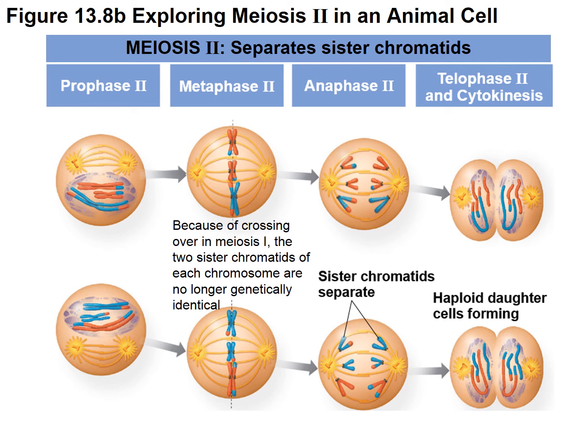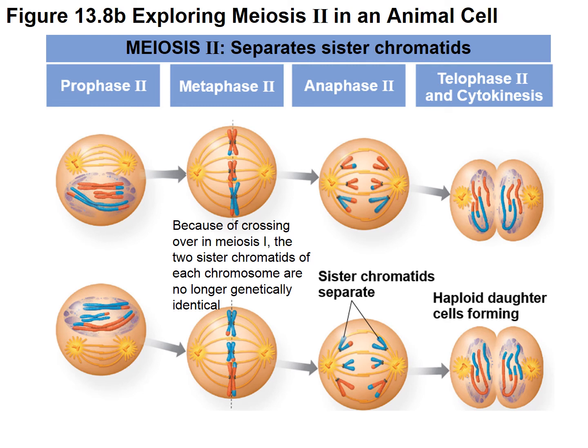Now, because the crossing over occurred in meiosis 1, the two sister chromatids of each chromosome are no longer genetically identical. Then in anaphase 2, the sister chromatids are going to separate and move toward opposite poles. Finally, in telophase 2, the chromosomes arrive at the opposite poles, nuclei form, and the chromosomes begin to decondense.